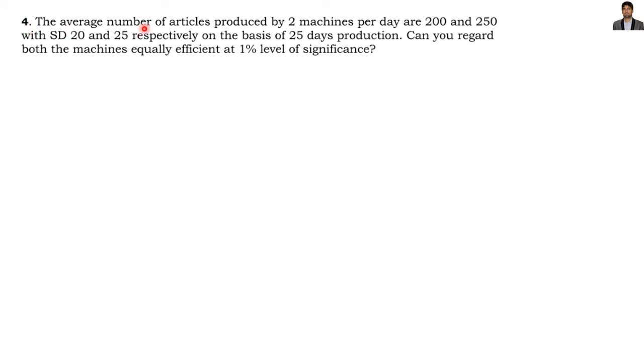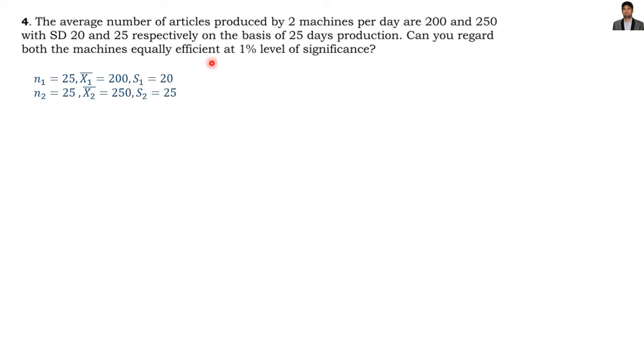Number 4, the average number of articles produced by two machines per day are 200 and 250, with SD 20 and 25 respectively on the basis of 25 days production. Can you regard both the machines equally efficient at 1% level of significance? N1 is equal to 25, X bar 1 is equal to 200, and S1 is equal to 20.